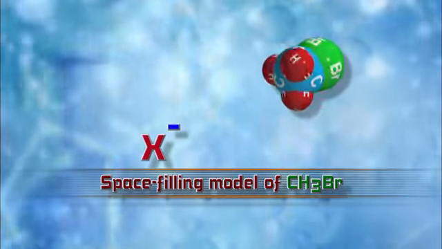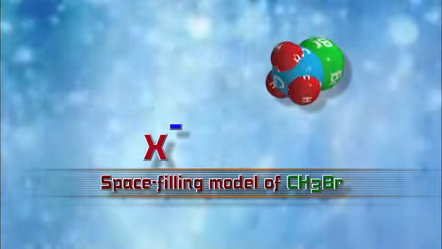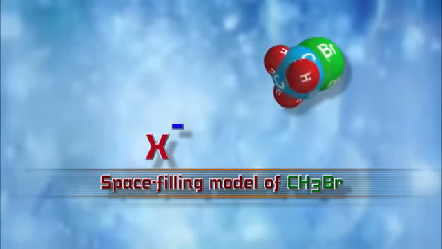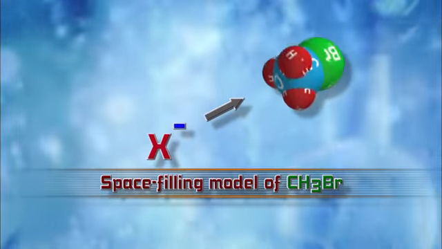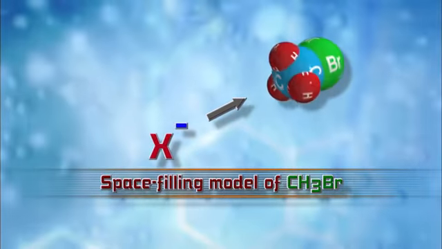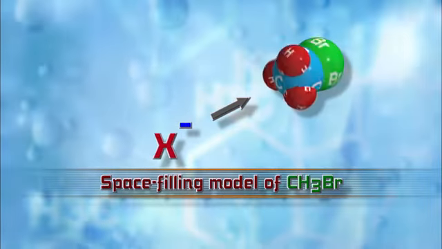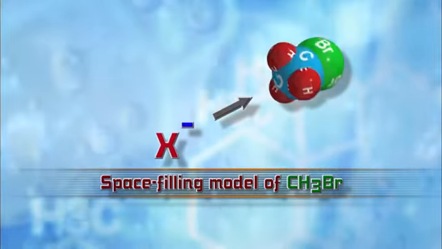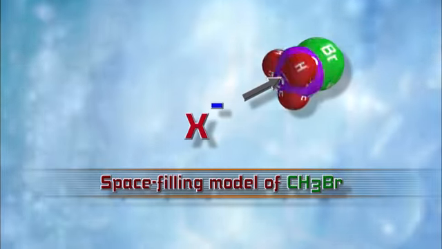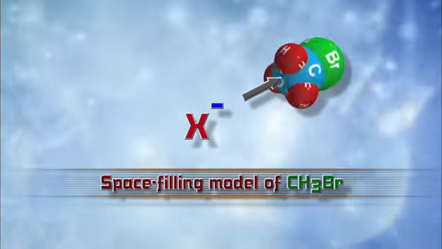Remember that the attacking agent, hydroxide ion, approaches the haloalkane from the side opposite to the leaving group. In bromomethane, the 3 hydrogen substituents are just small obstacles to the approaching hydroxide ion, so the substitution reaction occurs very quickly.